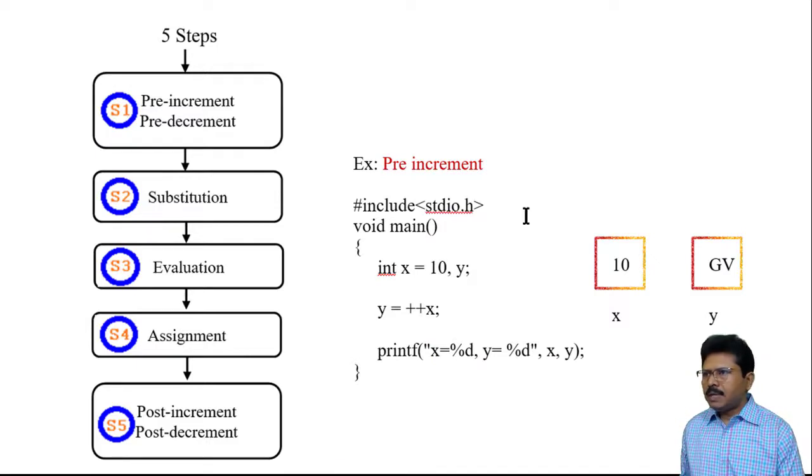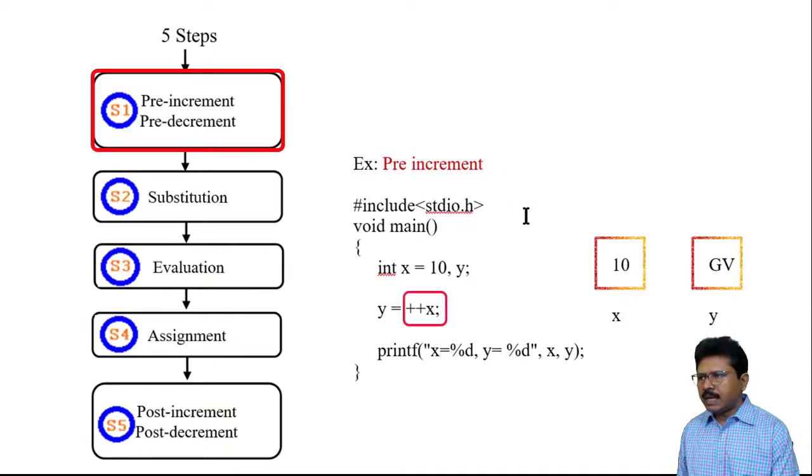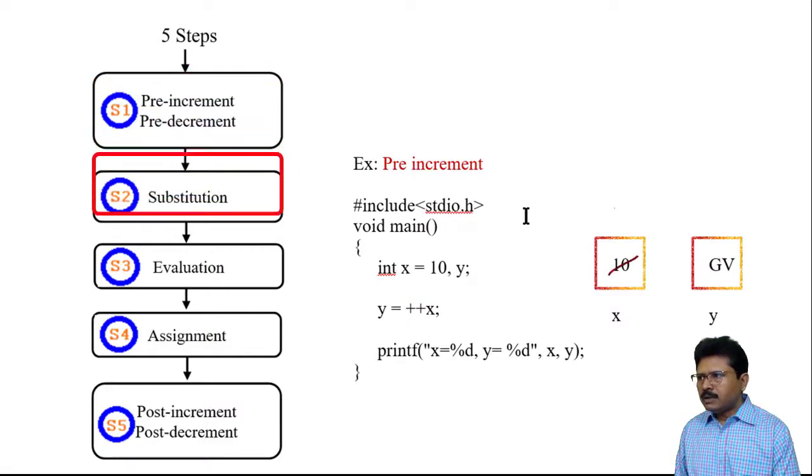As a first step, it will check whether there is any pre-increment or pre-decrement. Yes, there is a pre-increment, ++x. So x will be incremented by 1, and the value of x will be 11.